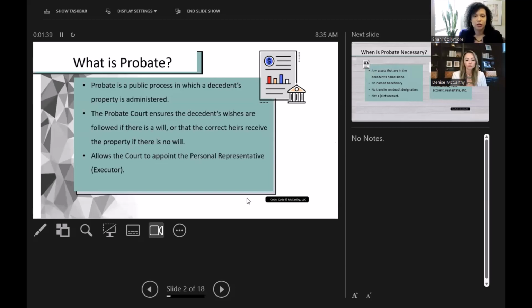Essentially, the court ensures that if you have a will, the decedent's wishes outlined in the will are followed appropriately, and the court appoints a personal representative, more commonly known as an executor, who is in charge of making sure the person's assets go accordingly. So that's the general idea of what probate is.